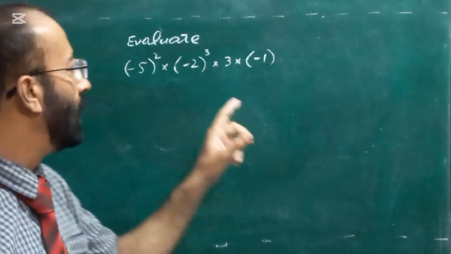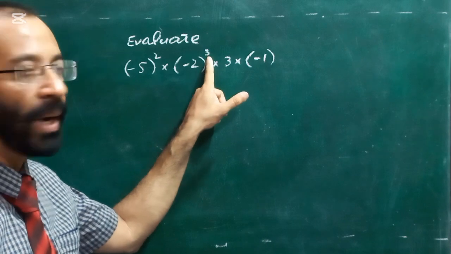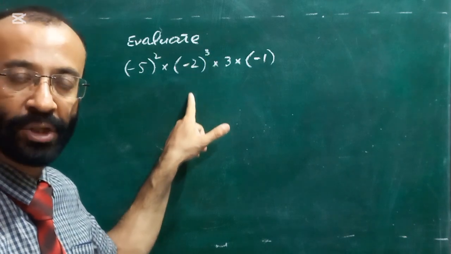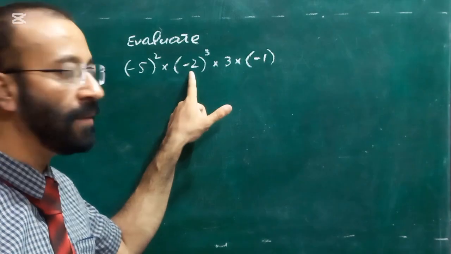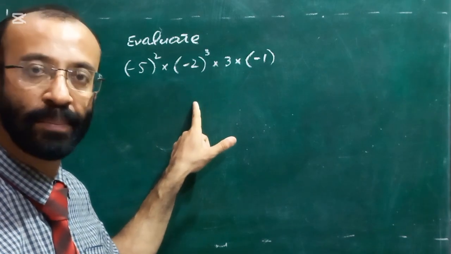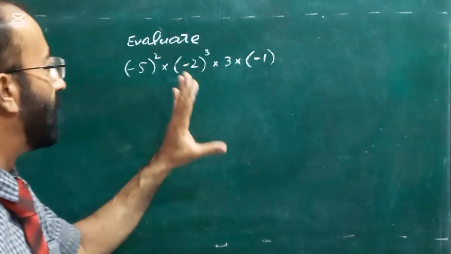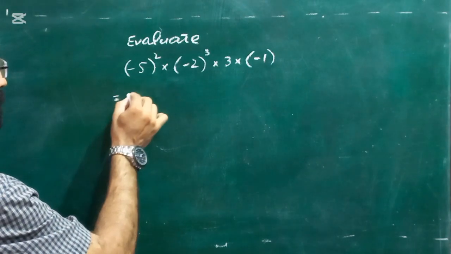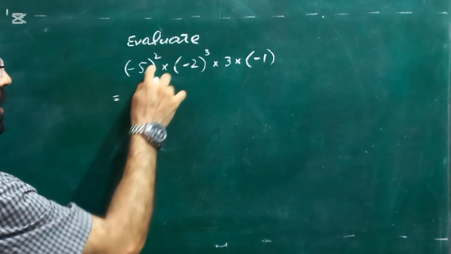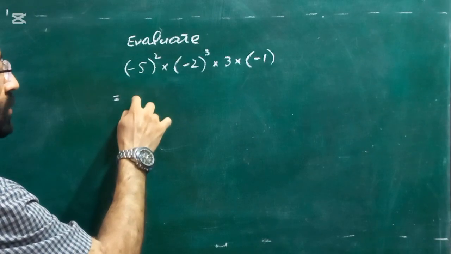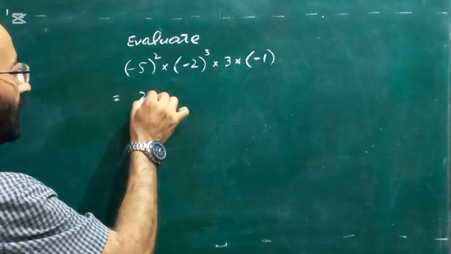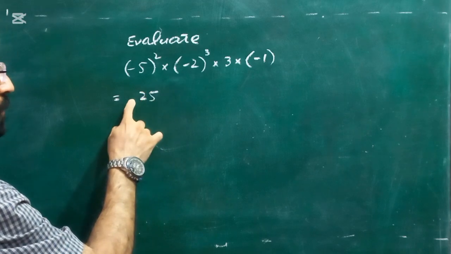Now second thing, if the power is odd, the minus sign will come out as negative and the positive sign will come out as positive. So this is the difference. So now we are going to apply. Because the power of the bracket is even, this minus sign will come out as positive. So 5 squared is 25, and the sign of the 25 will be positive.